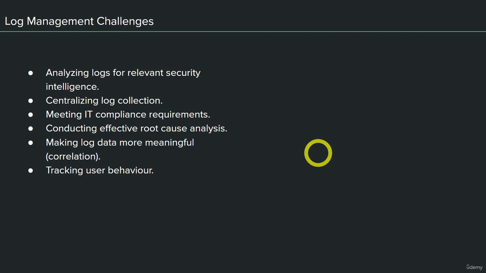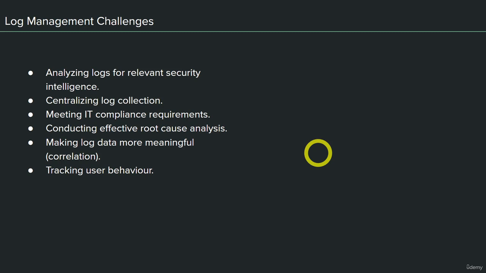Centralization is very important because you want all of your logs to reach one central location in order to have correlation available to you. So let's say, for example, you're collecting logs from your Windows servers, Windows endpoints, your firewalls, your IAM systems, and you create rules.